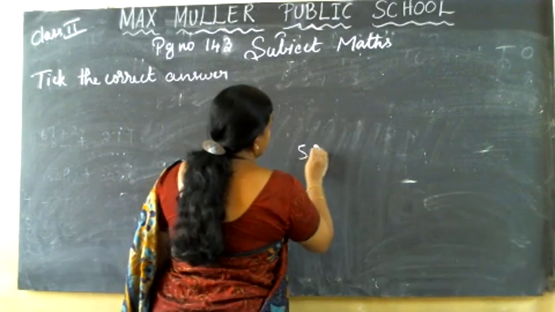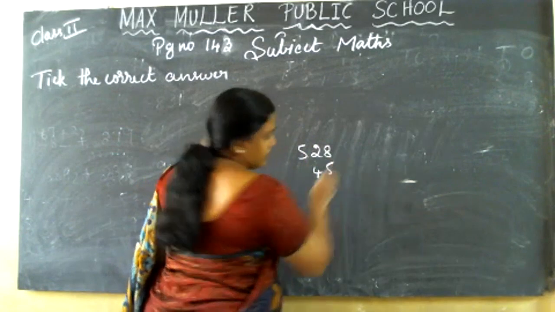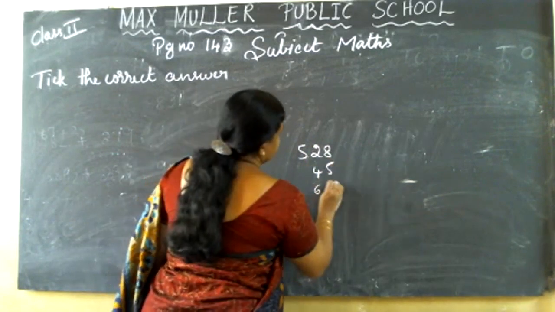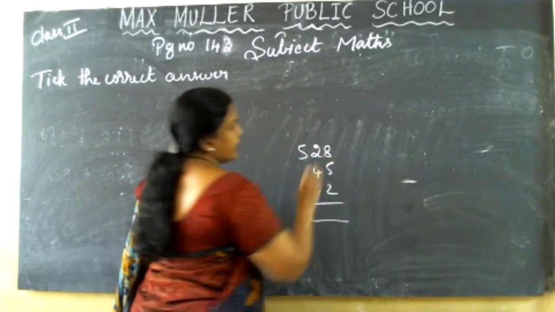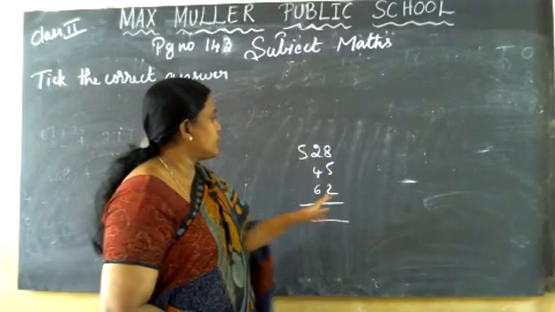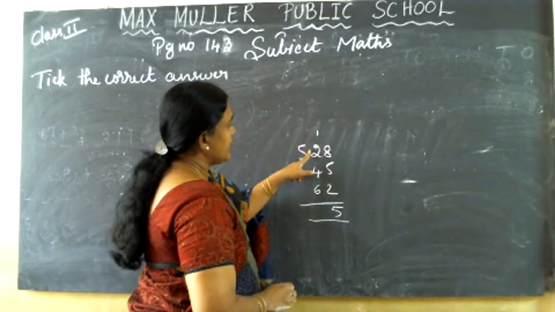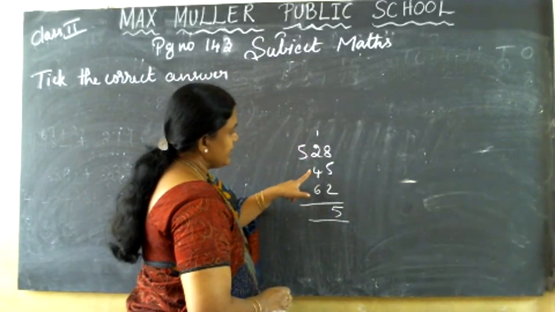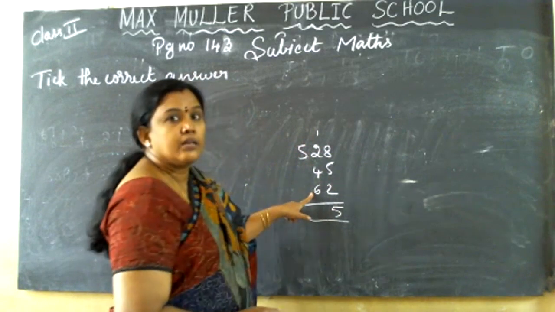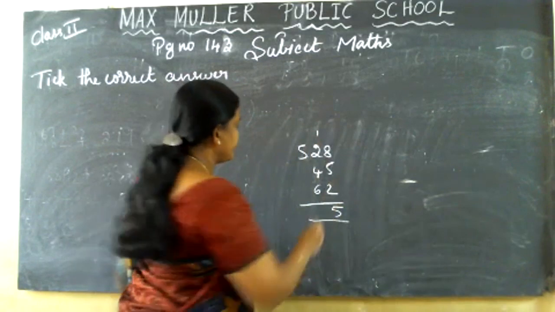See, 528, 45, 62. 8 plus 5, 9, 10, 11, 12, 13. 13 plus 2, 15. 5, carry 1. 1 plus 2, 3. 3 plus 4, 7. 7 plus 6, 8, 9, 10, 11, 12, 13.